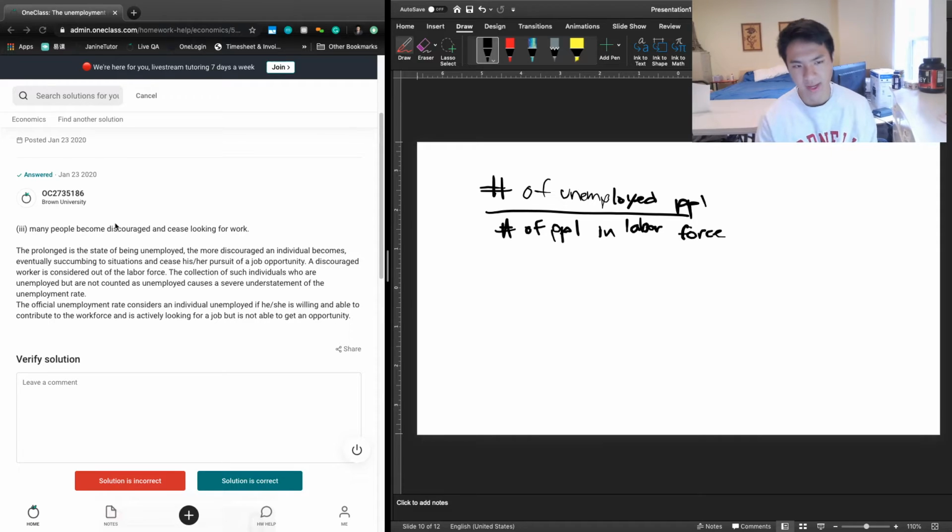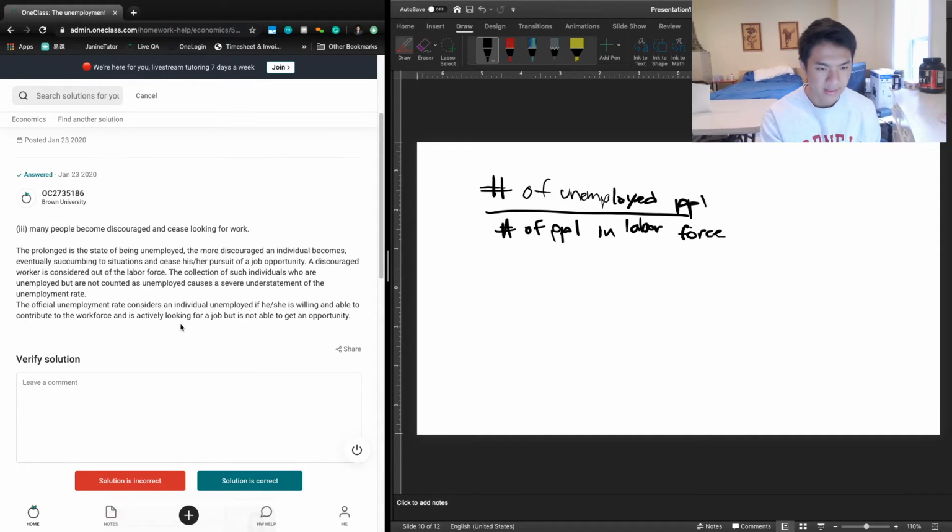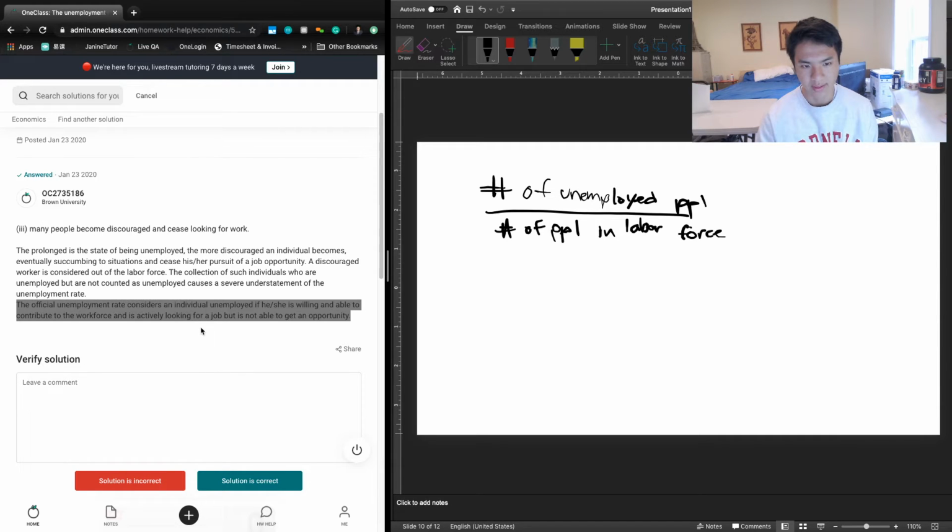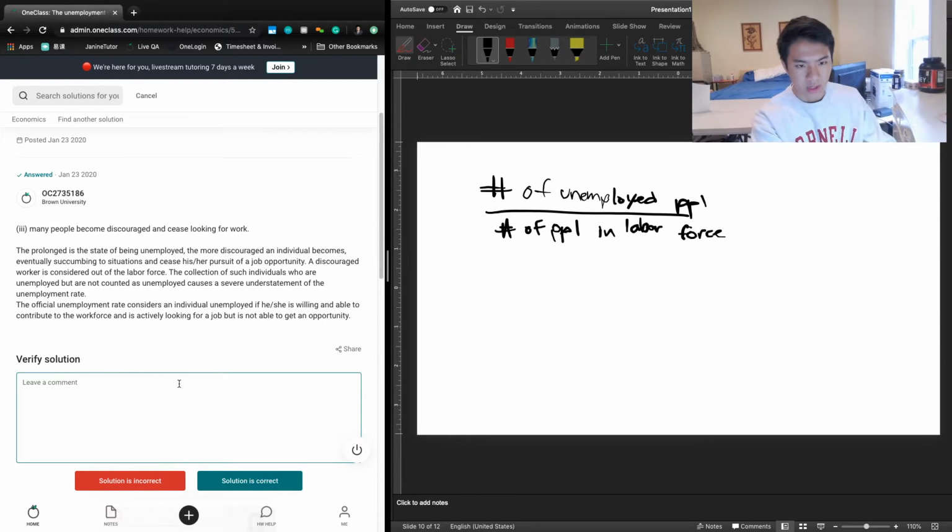Yeah, so that's right. And I think there are some things in the beginning that are confusing, but this last part definitely clarifies what we refer to as unemployment, right? And we're going to add an addendum for what labor force is defined as. Good solution.